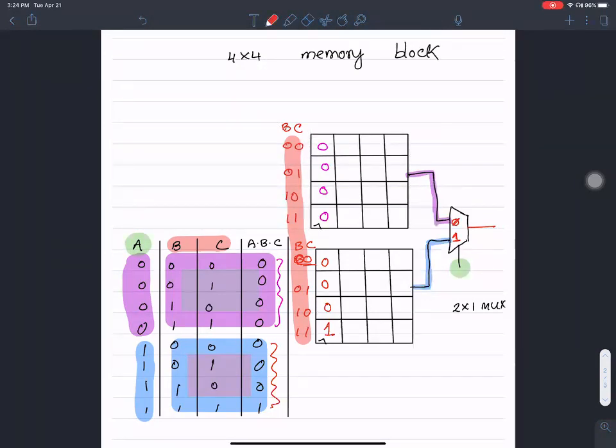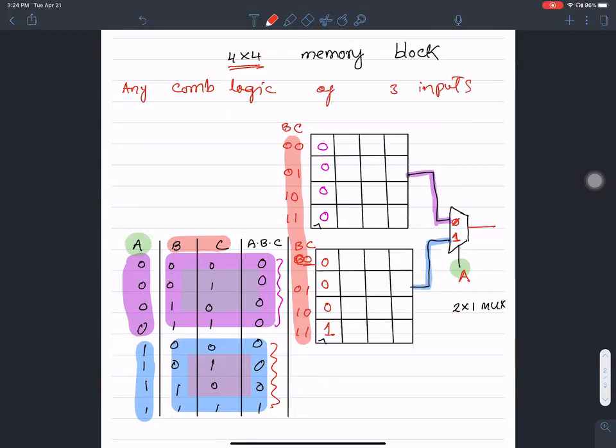So the idea is I can use a combination of 4x4 memory to implement any combinational logic of 3 inputs.